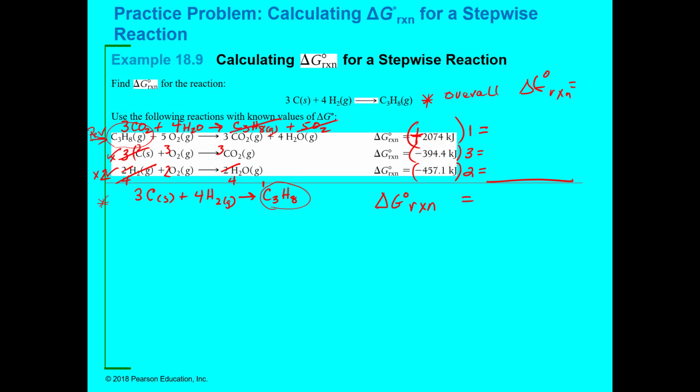You've got 5 oxygens on this side, and 3 plus 2 is 5 oxygens on that side, right? Because we're not looking at this one anymore because I rewrote it. And then 4 waters over here and 4 waters over there. And 3 CO2s and 3 CO2s. So we're all good. I think I've got it.